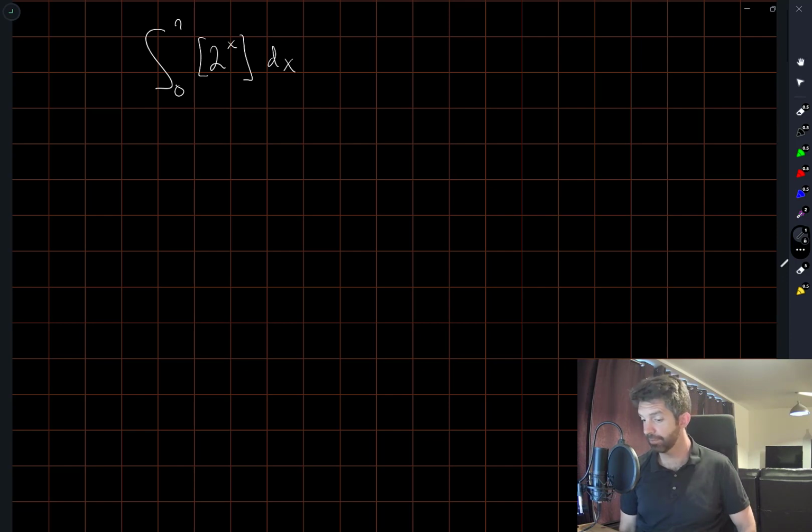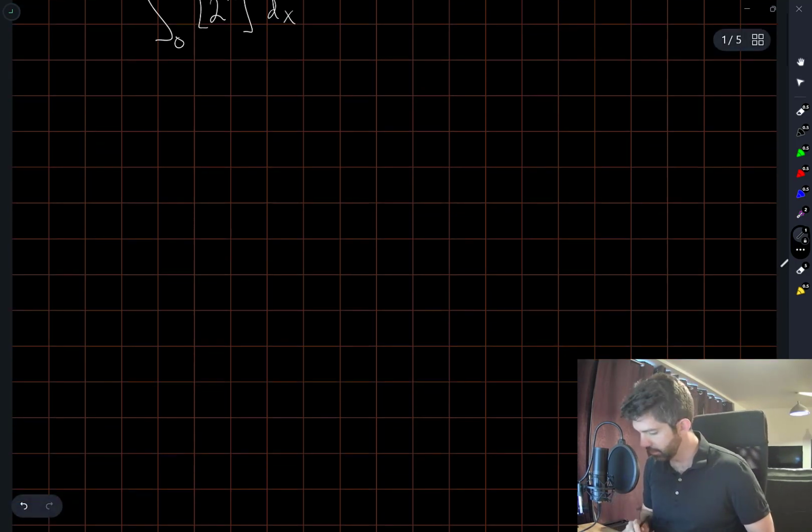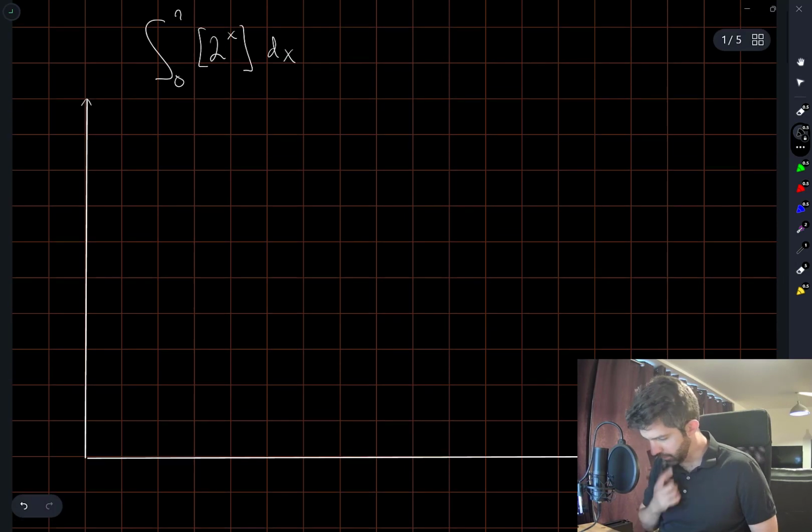Okay, well, I still think plotting the function is a very good idea. And then we might be able to just geometrically evaluate this integral. So when x is between 0 and 1, this 2 to the x goes from 1 to 2.